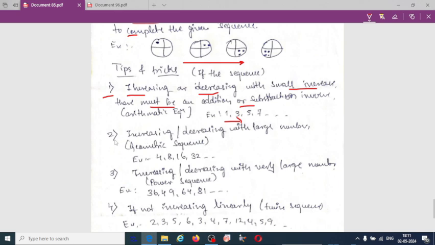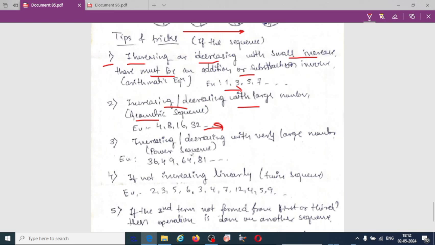The second tip is to find out the sequence quickly. If the sequence is increasing or decreasing with a large number, that would be a geometric sequence. If you multiply or divide by a number, then that would be a large number. That's why this type of sequence relates to a geometric sequence.